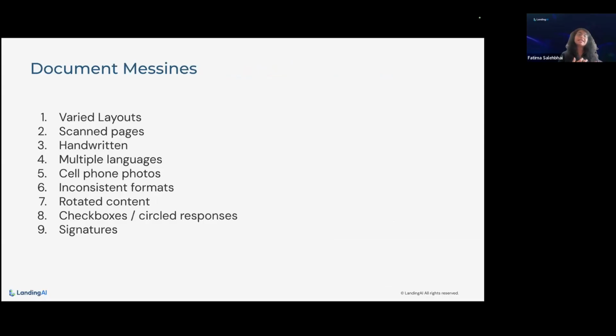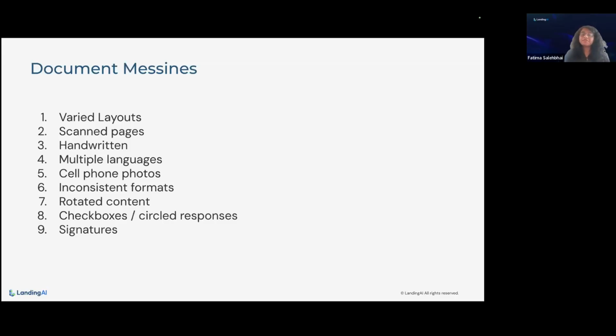It can also mean variety in scan quality, like a poorly scanned document or a photocopy of the document itself. It can have handwritten notes along with digital fonts, and it can come in multiple languages. Consistent formatting is also not really present, and sometimes you have rotated documents.